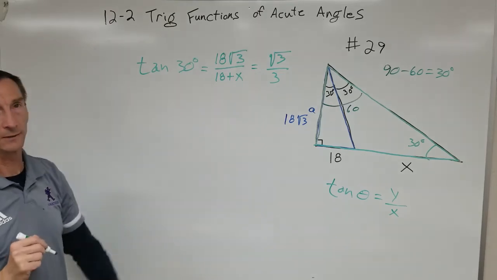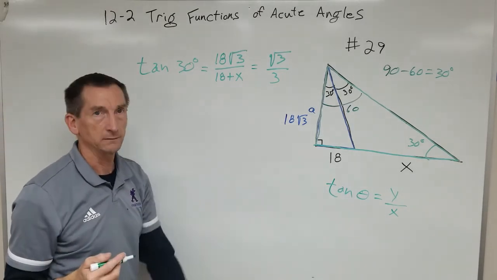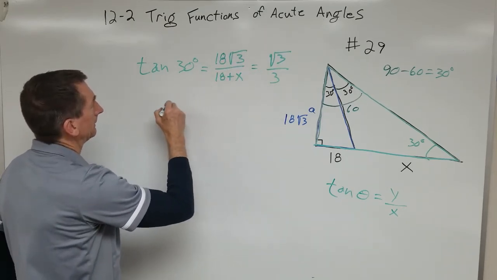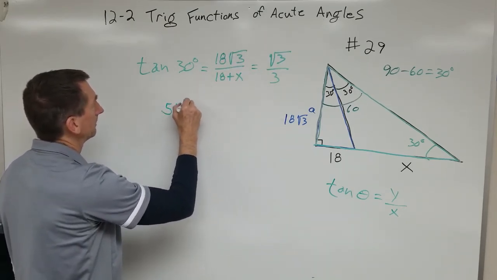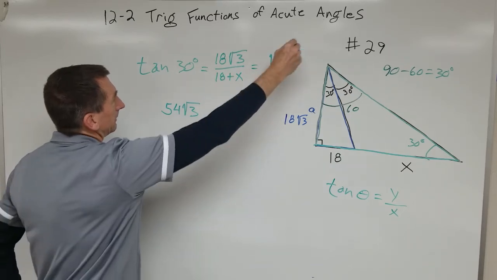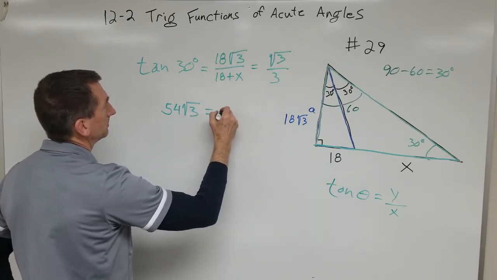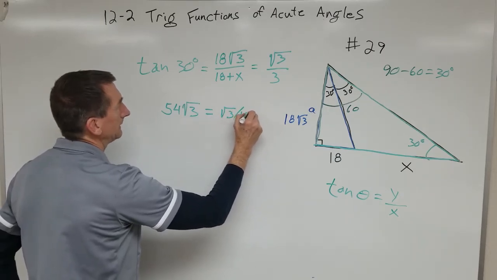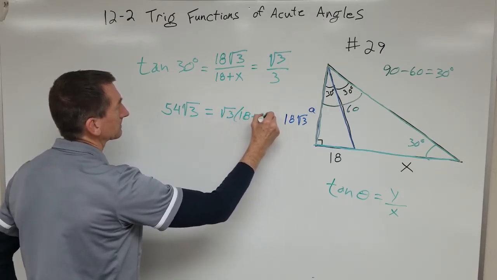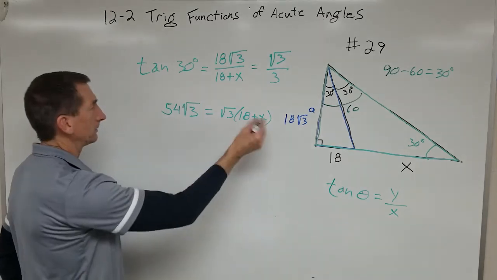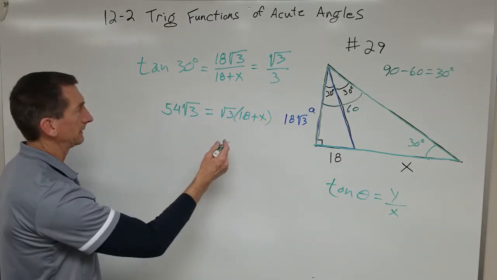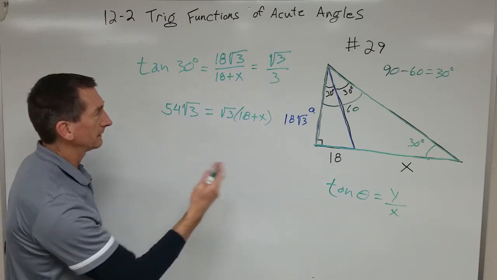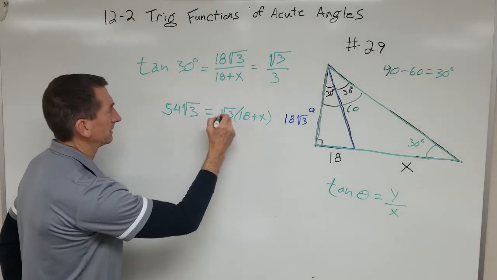Now it's just a simple matter of solving for x, which is an Algebra 1 problem here. Cross multiply gives me 54 square root of 3 is equal to root 3 times quantity 18 plus x. Notice here I've got two entities and they're both multiplied by square root of 3. Let's get rid of the square root of 3's on both sides, shall we?